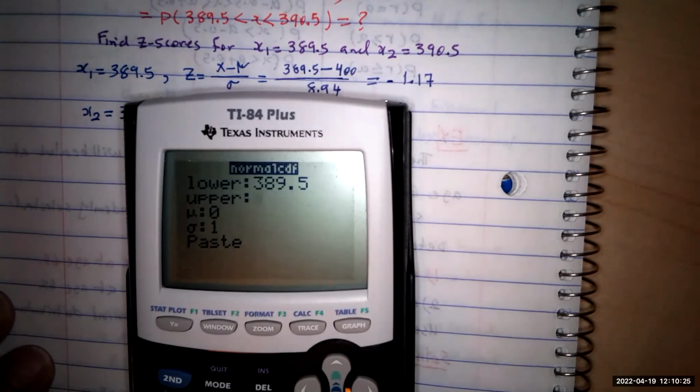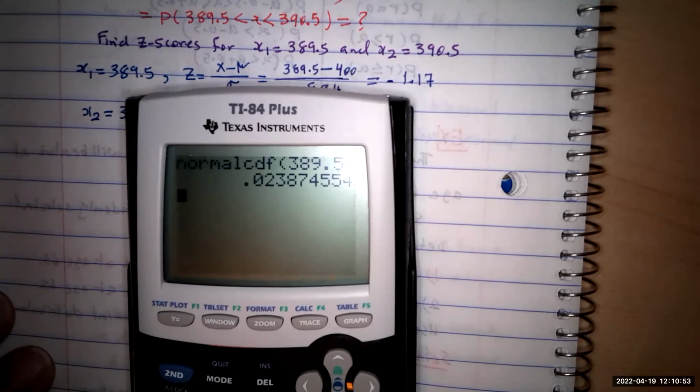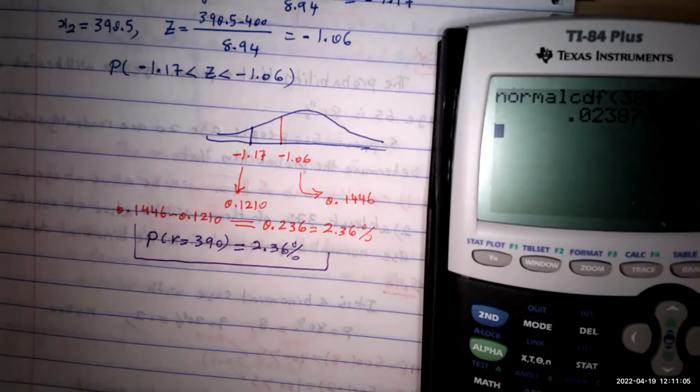Then the upper is 390.5. Okay, and the mu is 400, and the standard deviation is 8.94. Okay, so we're going to paste it and then we find it. That's it. 0.02387, 0.0239. See, that's exactly what we got over here.